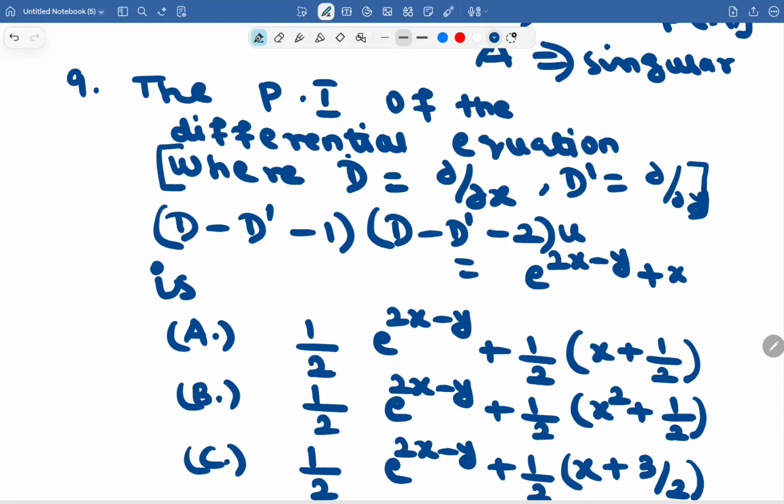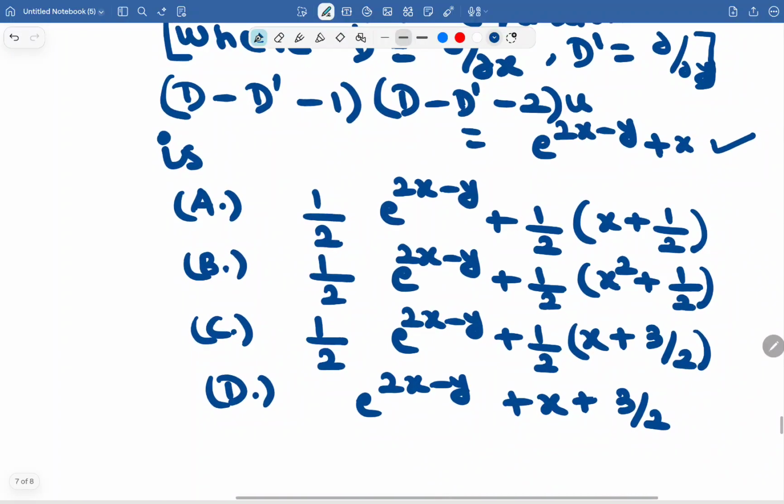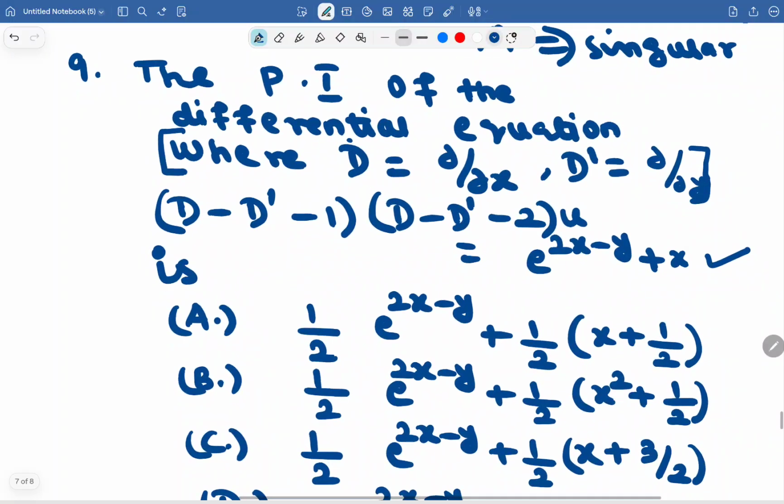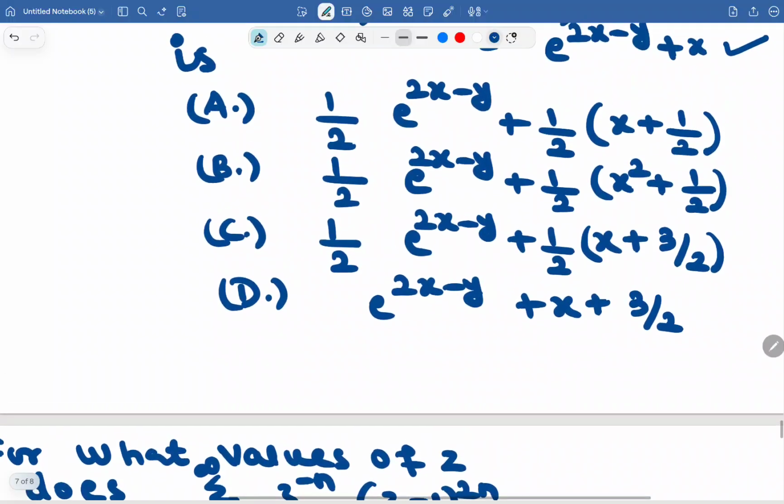We have to find the particular integral for this problem. The problem is given as (D − D' − 1)(D − D' − 2) of u, which is equivalent to e^(2x−y) + x. We have to find which of the four options is correct.